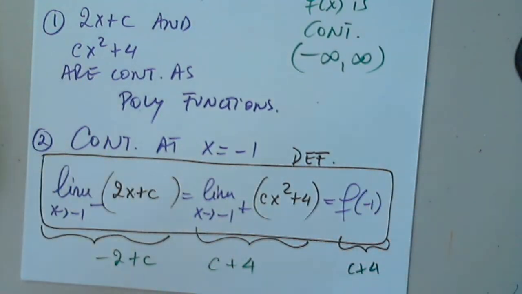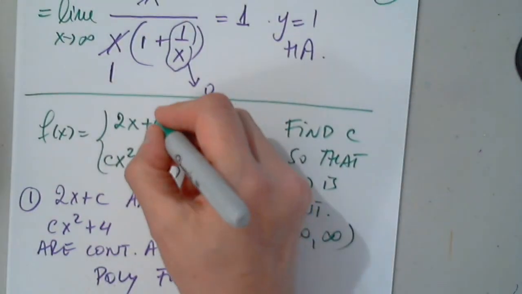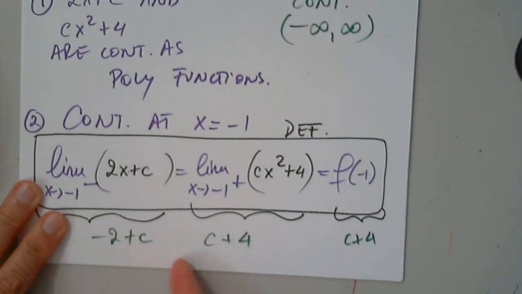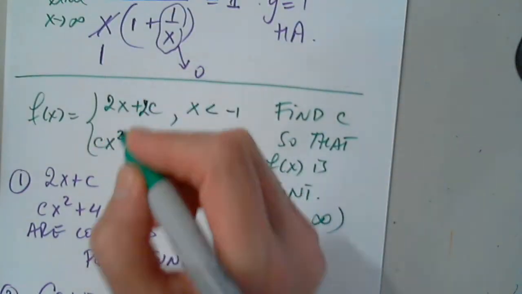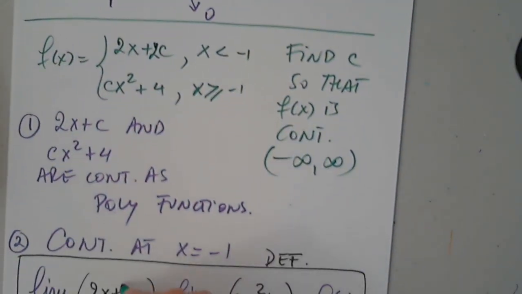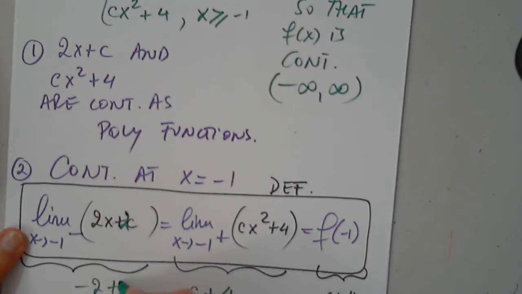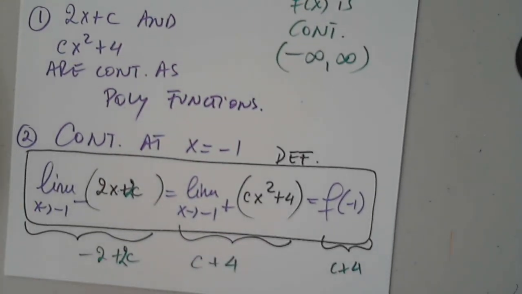What has to happen for this? I have to change this because it's not good. See, c disappears. Okay, now it's not going to disappear. Good.